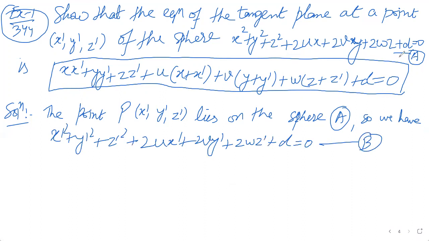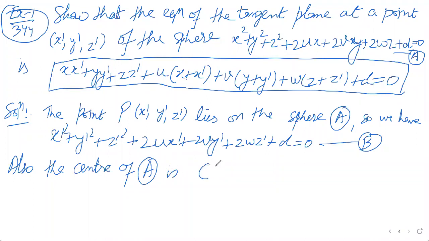And we know now the center of A, the center of the sphere, what is the center? If I am denoting it by some C, it is minus u, minus v, minus w, no?